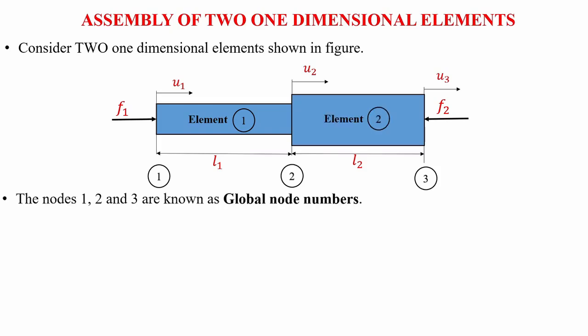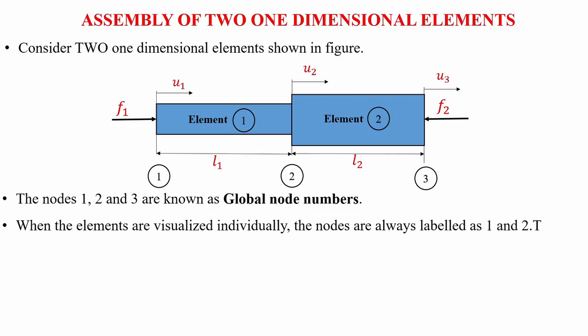Now the nodes 1, 2 and 3 are known as global node numbers, whereas when we visualize the elements individually, the nodes are always labeled as 1 and 2. So this is known as local node numbering. For example, for element 1, if we consider it individually, we have the two node numbers 1 and 2, which are the local node numbers.